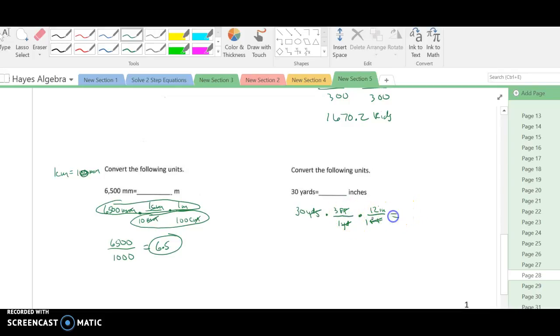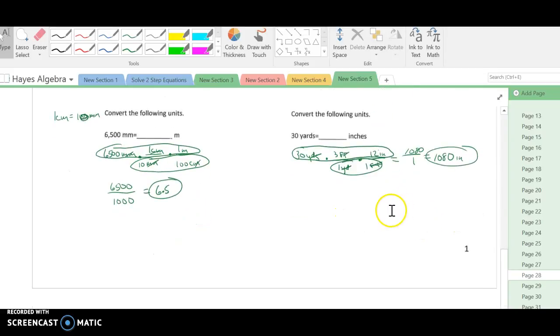Feet cancel out. Now I multiply across the top. 30 times 3 times 12 gives you 1080. And 1080 divided by 1 will give you 1,080 inches. Okay.